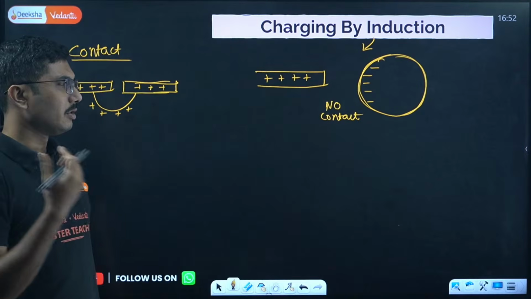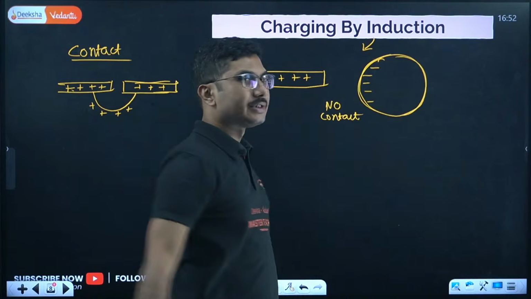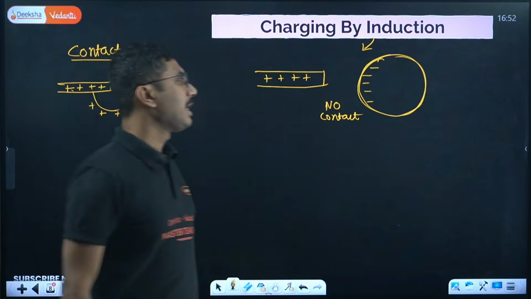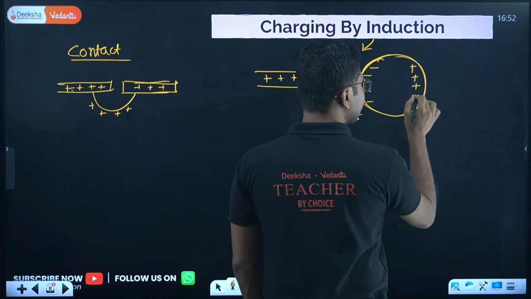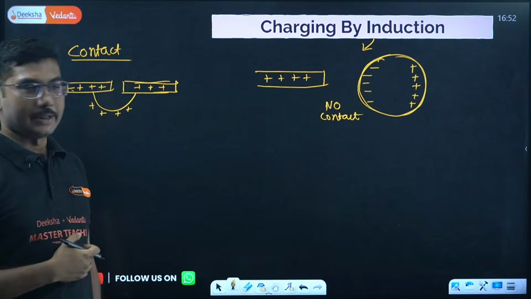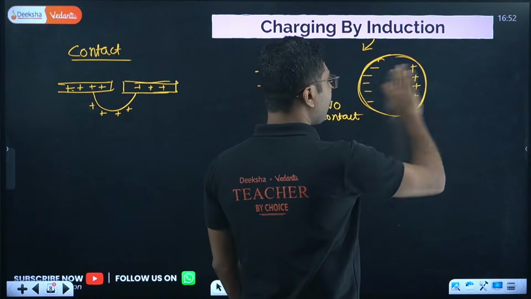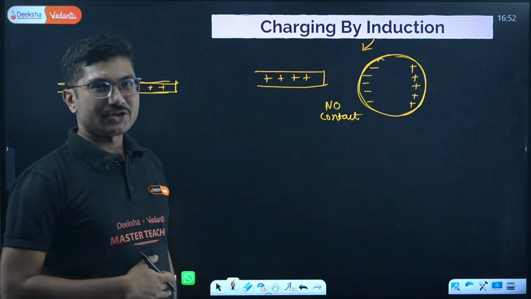The electrons get attracted towards the positively charged object, and the protons, or the nuclei without the electrons, get repelled to the opposite side. This is called induction.